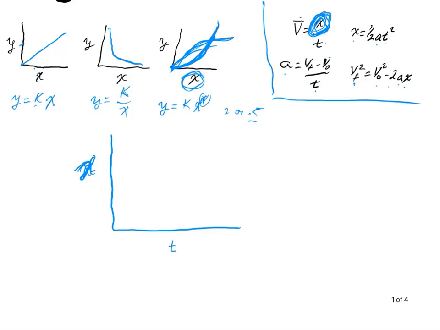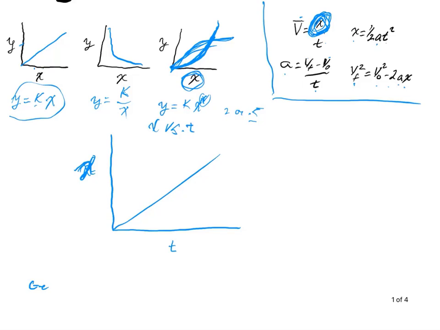So we've got this distance versus time graph. So x versus time for constant velocity motion. And when you plot that out, you get a graph that looks like this. Well, the generic equation for that linear relationship is this, y equals k times x.